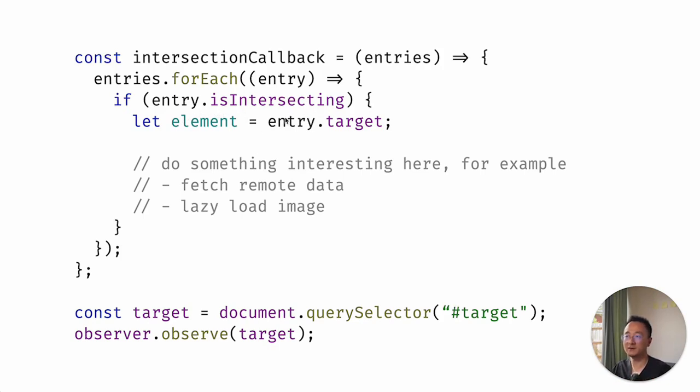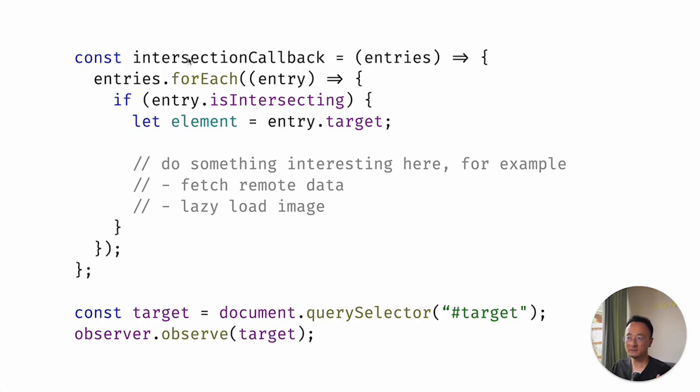If it is, you can get the element by entry.target. That's the actual element that is intersecting with the root. And then you can do something interesting with the element, for example, fetch remote data or lazy load an image.